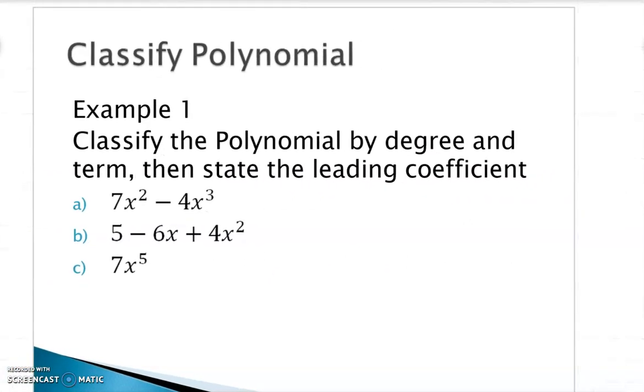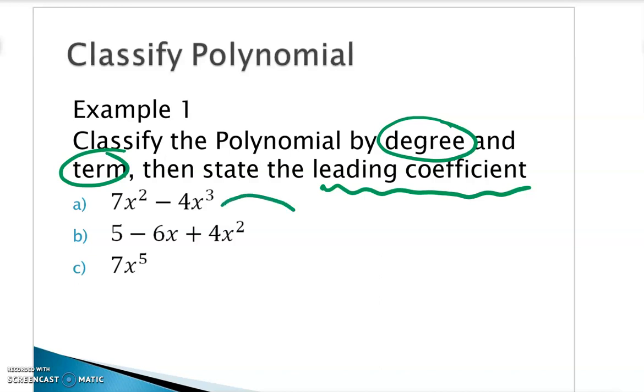Classify polynomials. So here's how we classify polynomials. Make sure, again, you're copying all this down in your notes. All of it needs to be in your notes. Classify the polynomial by its degree and its term. Then state the leading coefficient. That's 3 things we need to do here. For this first one, the degree is the highest degree.